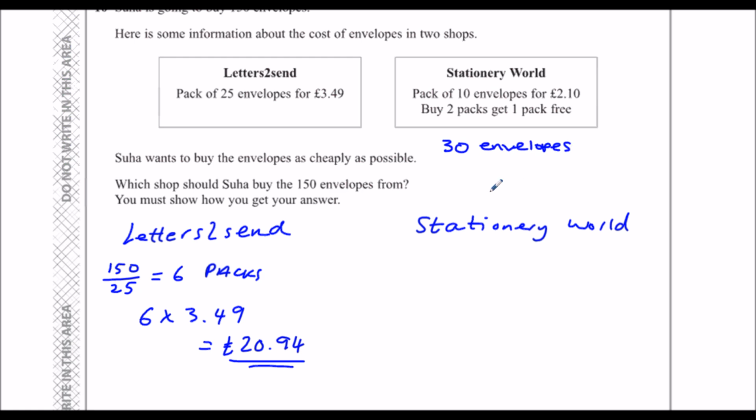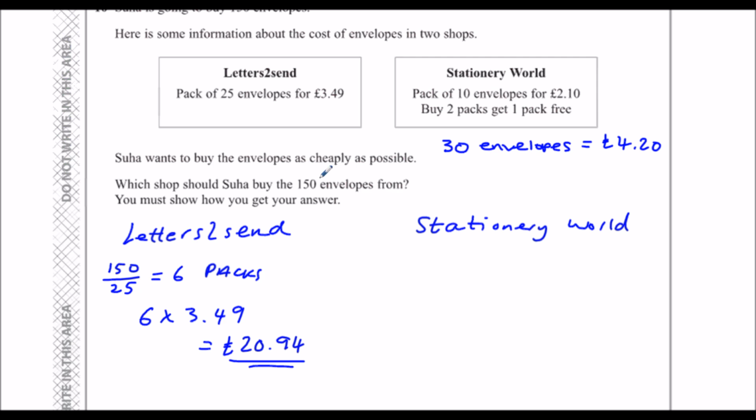So you buy 2, you get 1 free, so you've got 30 envelopes, and you've paid for 2, so that's £4.20. So at Stationery World, 30 envelopes are £4.20.